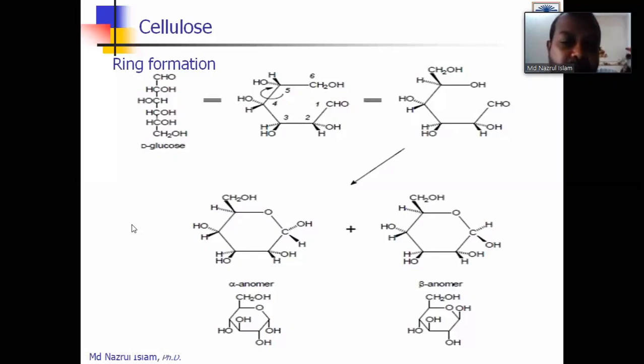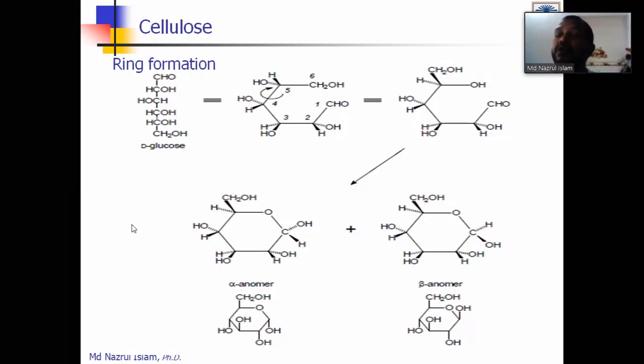But I have mentioned earlier that in wood, all the structures are cyclic. When the structure is cyclic, it is called pyranose. So you have to say that wood is made from beta D glucopyranose, because fructose can also make the pyranose. Fructose is also C6H12O6.